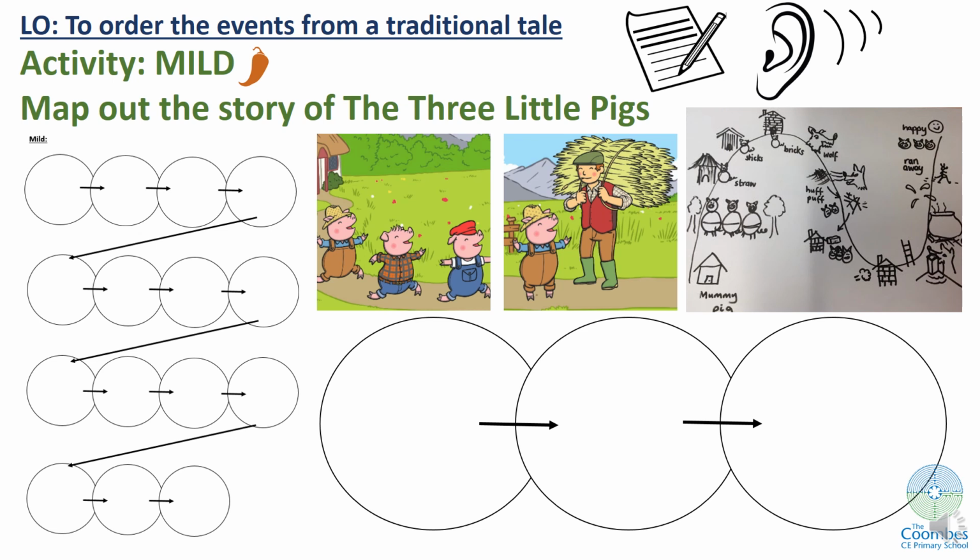So the first thing that happens is the 3 little pigs leave their mum's house. So I'm going to draw mum's house. And remember, it's not an art lesson, so it doesn't have to be perfect. As long as you know what the pictures are, that is fine. So I've drawn mum's house and I'm going to draw my 3 little pigs.